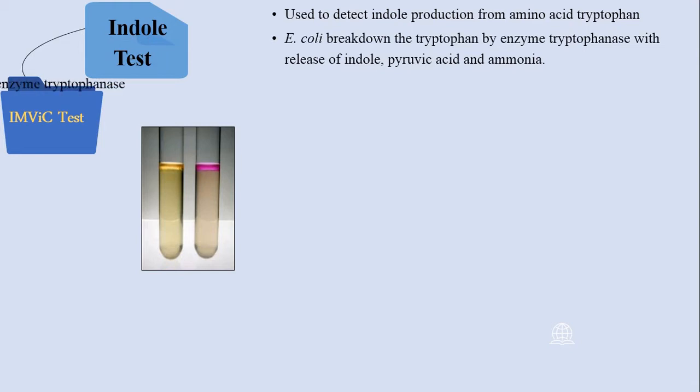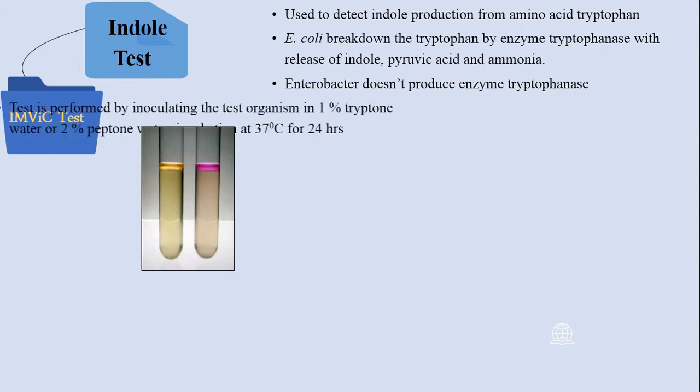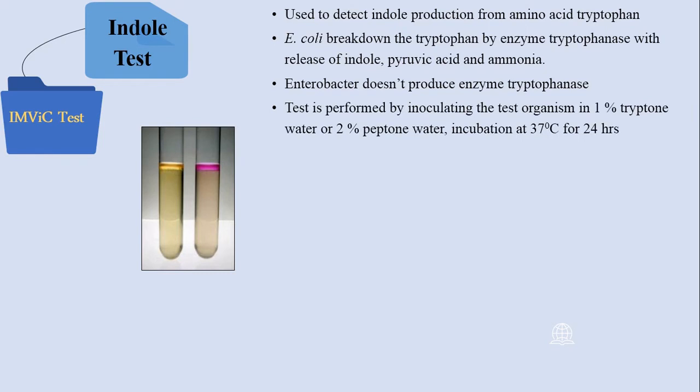However, Enterobacter species do not produce this enzyme tryptophanase, and therefore they do not produce indole from the amino acid tryptophan. This test is performed by inoculating the test organism either in 1% tryptone water or 2% peptone water and incubating at 37 degrees centigrade for 24 hours.